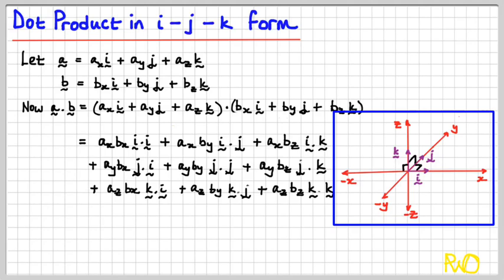Watch. Now look, there's my attempt at a three-dimensional diagram, where I've got the x-axis, and the y-axis perpendicular in a horizontal plane, and then we've got the z-axis sticking up and down, vertically. Now, here's my i, which is a unit vector in the x direction.